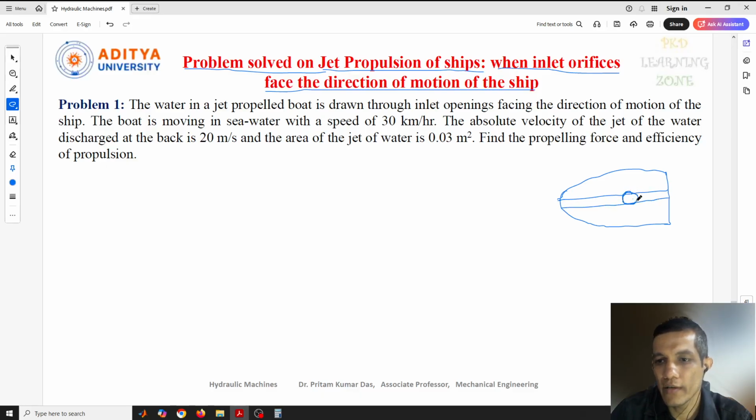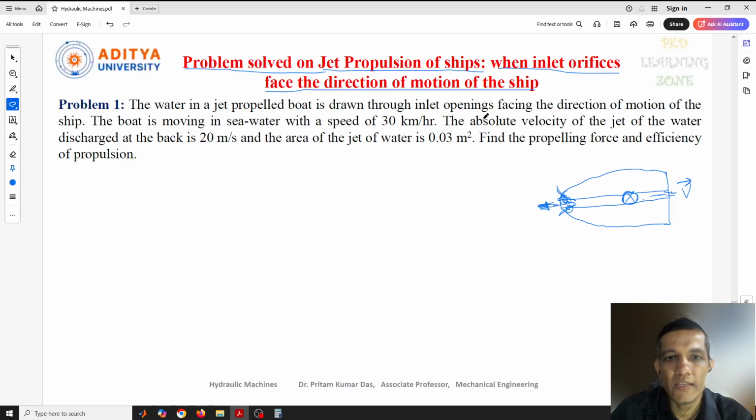Here the centrifugal pump is present, and the ship is moving in this direction, and the jet of water comes out from this centrifugal pump. So the velocity of water comes out in this direction. The orifice is present at this point, and the water is coming in this direction.